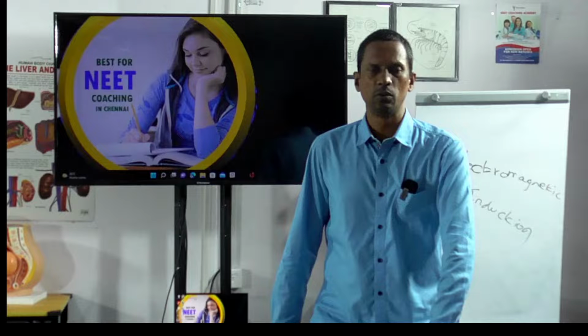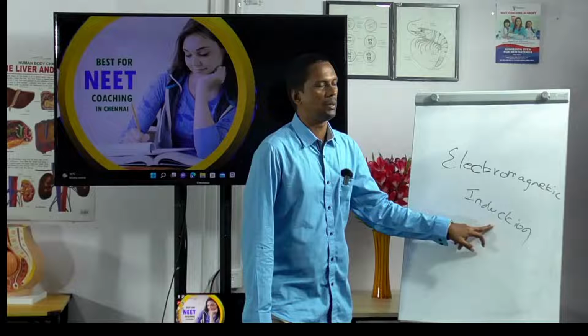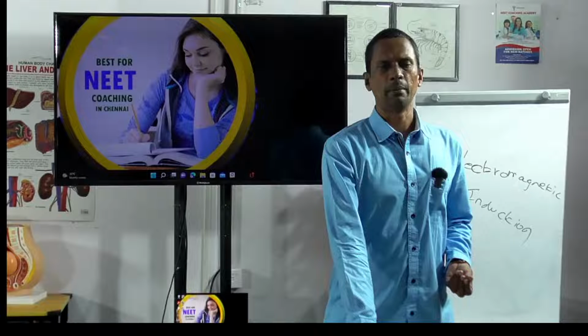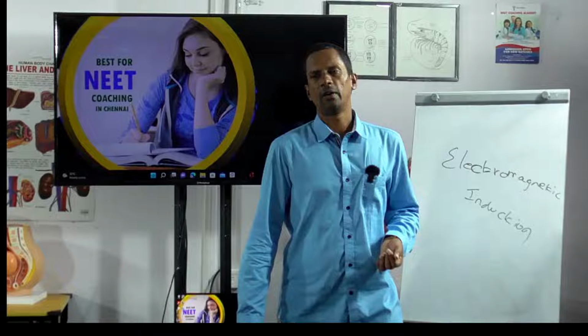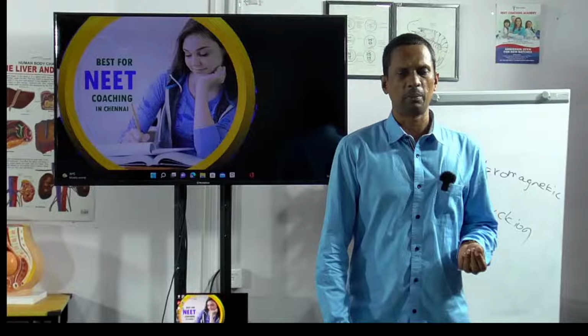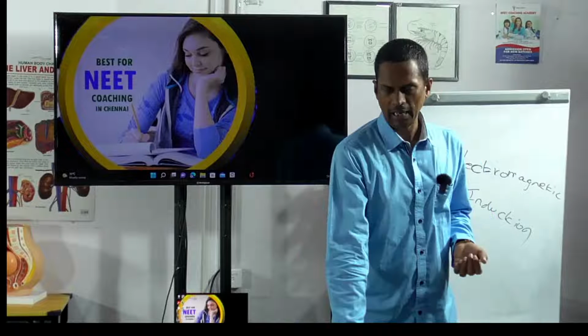So in this scenario, Faraday performed three experiments. What are the three experiments Faraday performed? First, he took a coil connected to a galvanometer. Then he brought the magnetic field perpendicular to the coil. What happened in the first experiment?